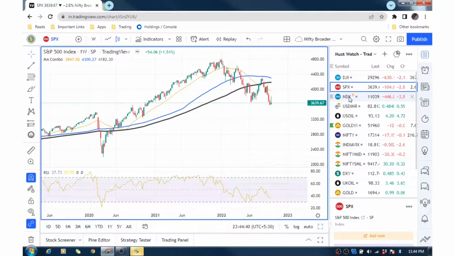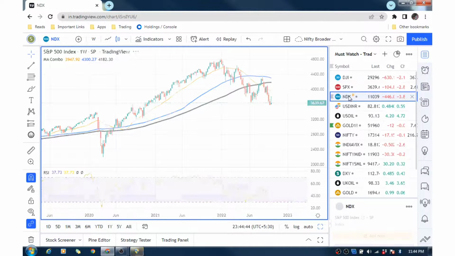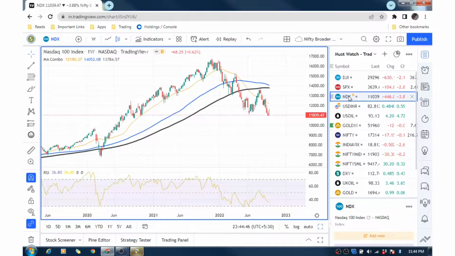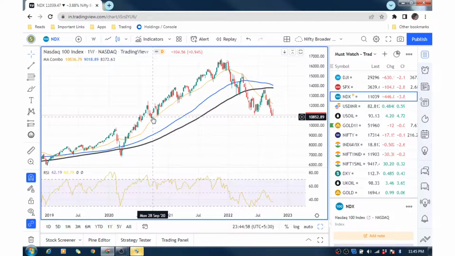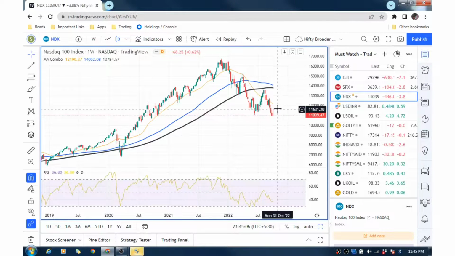Moving on to Nasdaq. Okay, so again same story here, lower peaks, bearish trend, trading below all the moving averages. However, for Nasdaq, the key support level can be around 10,900. So it's currently at a support level. It might give a pullback.